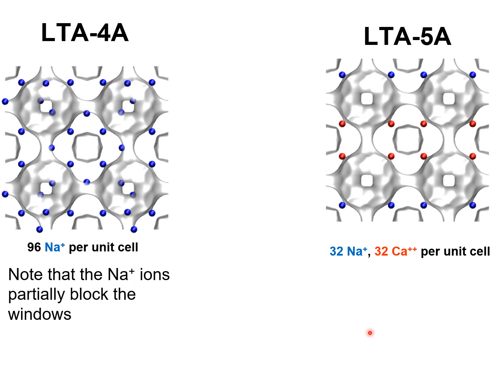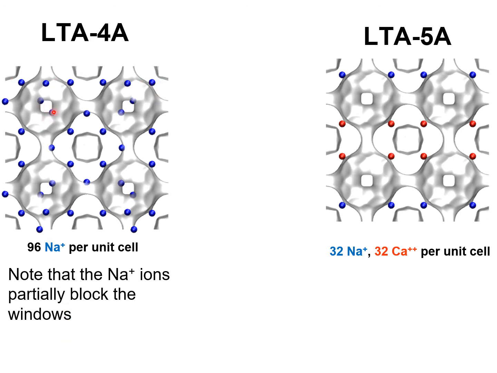In industrial practice, the LTA all silica version is not used. Rather, we have cation exchanged 4A and 5A zeolites that are commonly used. For 4A zeolite, we have 96 sodium cations per unit cell, and the locations of these cations are shown by the blue spheres.